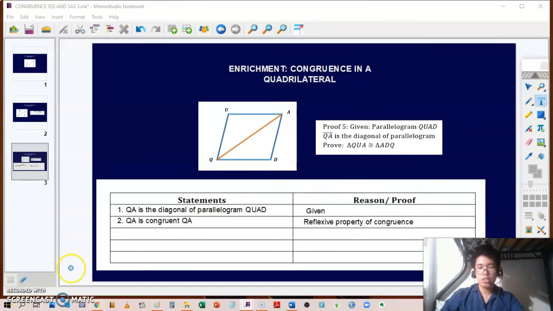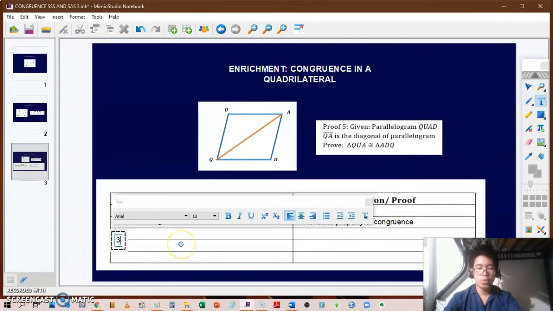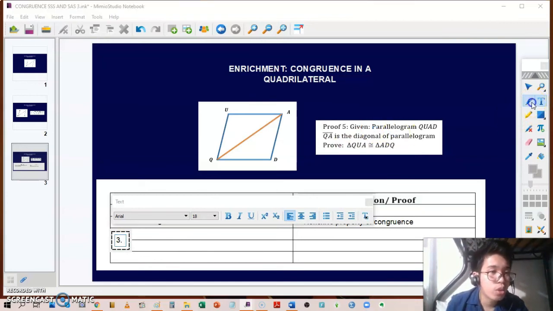So what do you think is the third statement? If you review the properties of a parallelogram, a parallelogram is a quadrilateral with two pairs of congruent sides. So we can say that these opposite sides UA and QD are congruent.